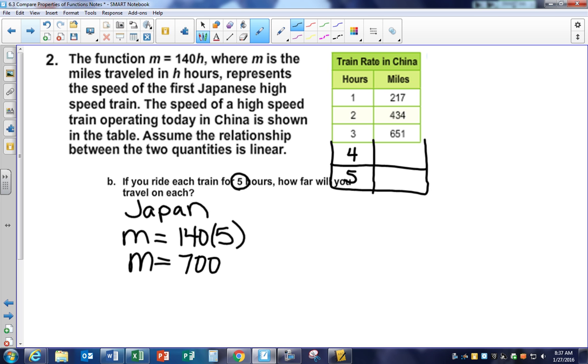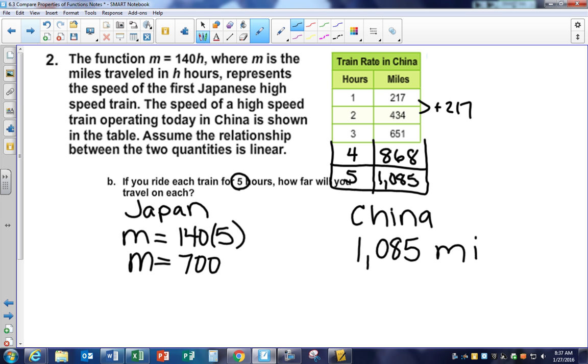Since we know the rate of change is 217 every time, we can just add 217 to 651 to get how many miles we would travel for 4 hours. Then adding our 217 miles again for the next hour, we get 1,085. So in China, we would travel 1,085 miles, which is greater than 700 miles on the Japanese train.